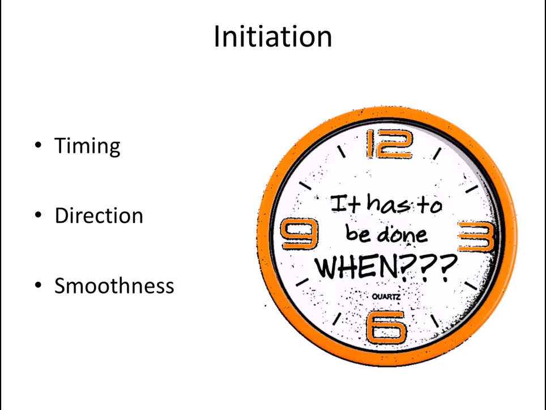They also have difficulty with timing of movements that are required for, say, turning around to sit in the chair. Parkinson's patients really have a difficult time with this activity. They have a difficult time in their direction as well as their smoothness of movement. All of these components are important for the initiation of an activity.